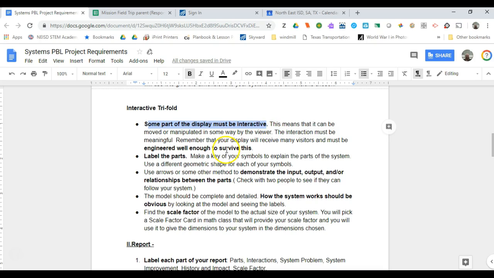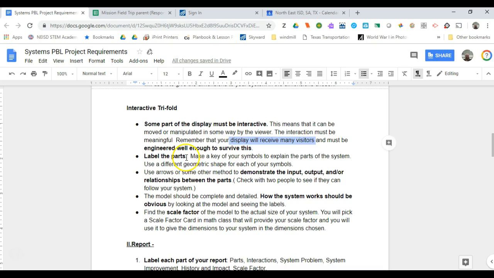Now, you have to think about this, that your display will receive many visitors. If you build a little fragile thing, and the first person visiting it breaks it, you're going to be underwhelming a lot of people. So make sure that you produce something that is quality, engineered well enough to survive.